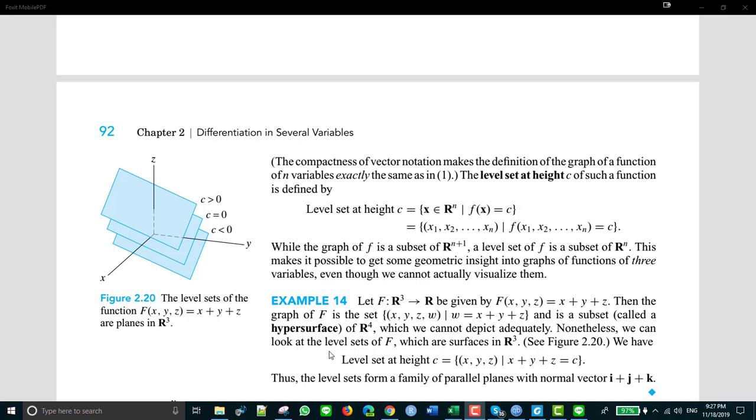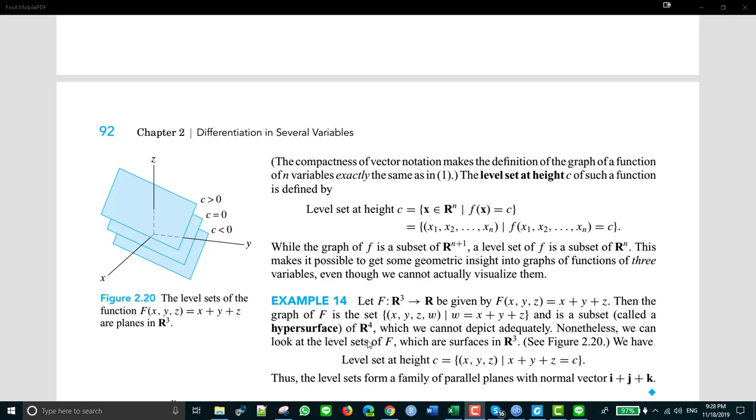Nonetheless, we look at the level sets of f. The level sets, I guess, are the level curves, but we're thinking of them as sets of points in R3. So we have the level set at height C equals the set of all points x, y, z in R3 such that this equals C. So we can see that this is a plane.